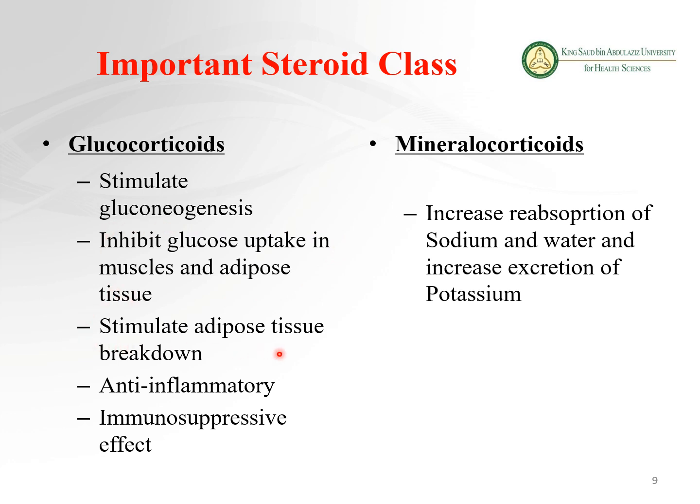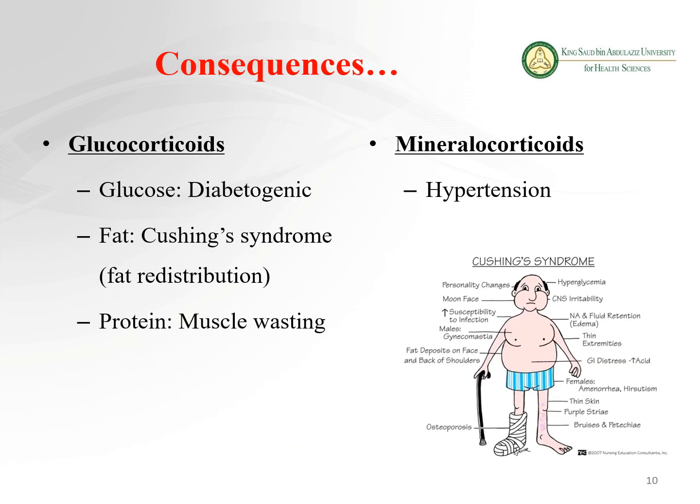It can stimulate adipose tissue breakdown, and it has anti-inflammatory and immunosuppressive actions that can be therapeutically used in different conditions. So the consequence of long-term use of glucocorticoids is diabetes, because you have seen it increases gluconeogenesis, so it can increase the glucose level in the blood.